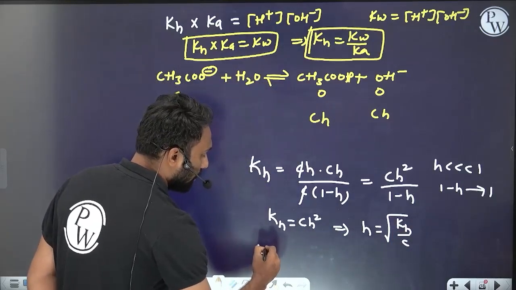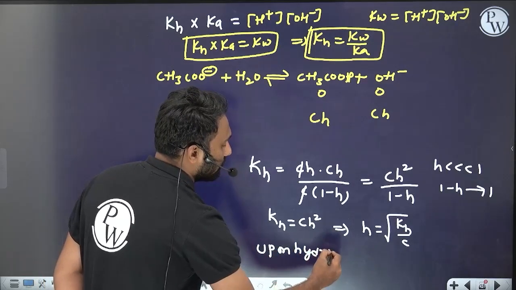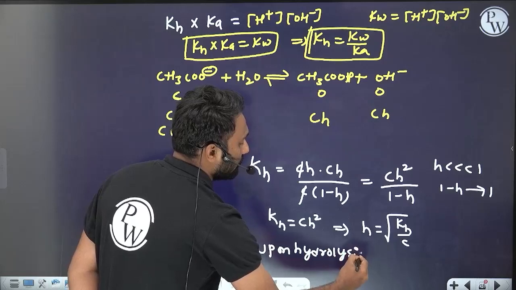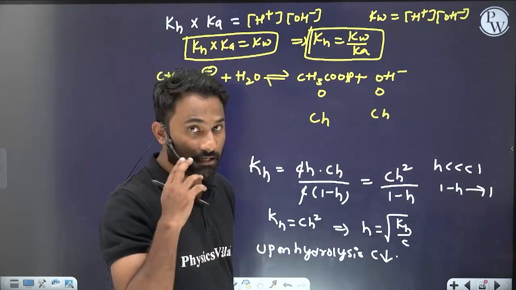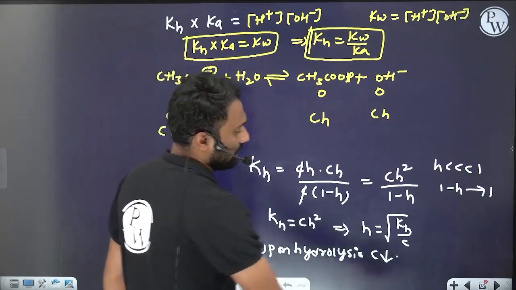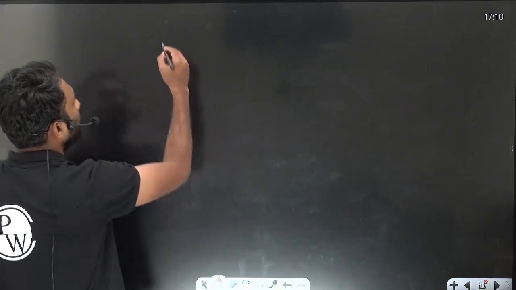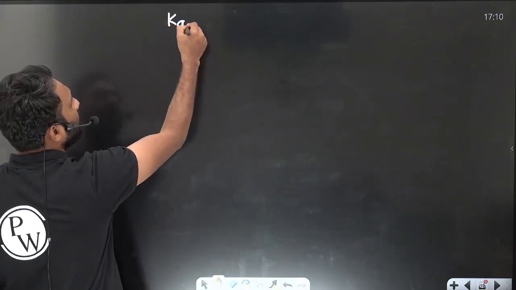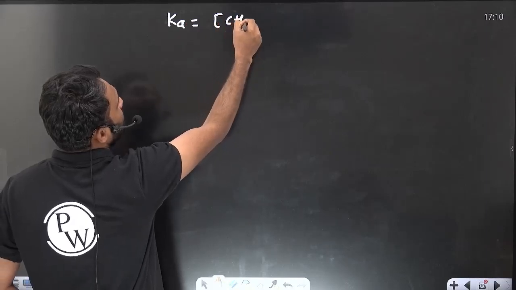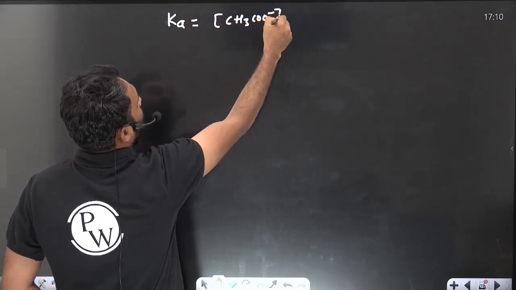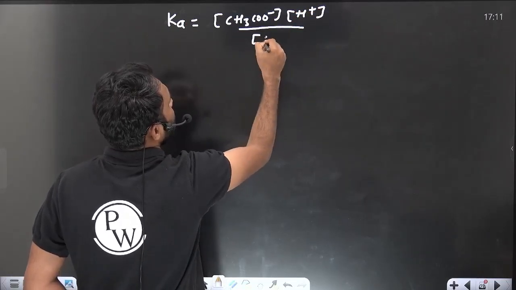Upon hydrolysis concentration decreases. Okay. Next, Ka is equal to the concentration of acetate ion into the concentration of H plus by the concentration of acetic acid.